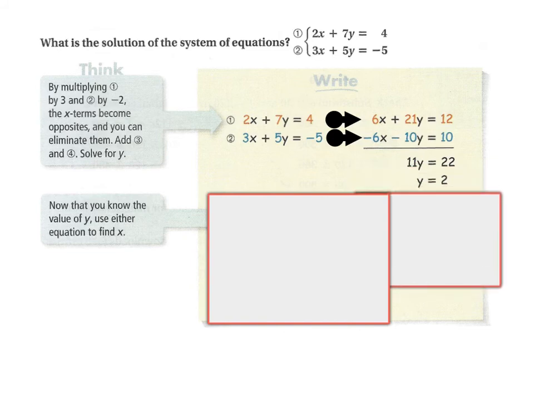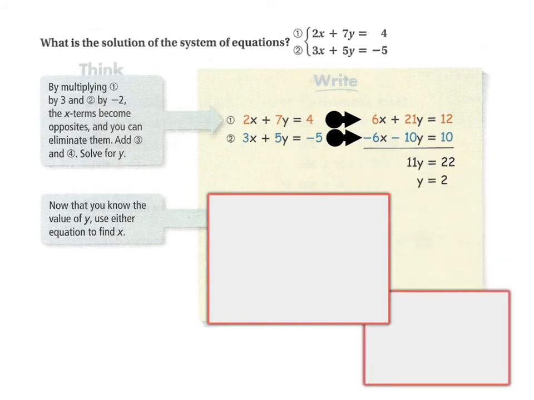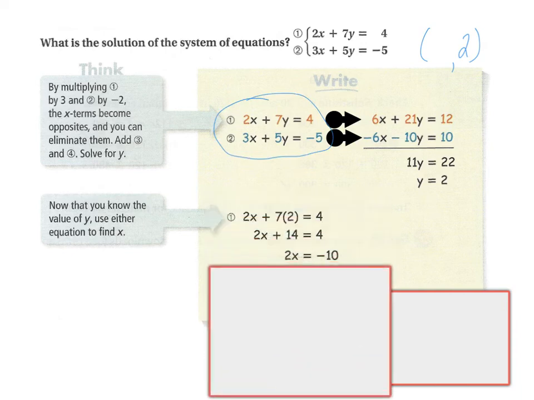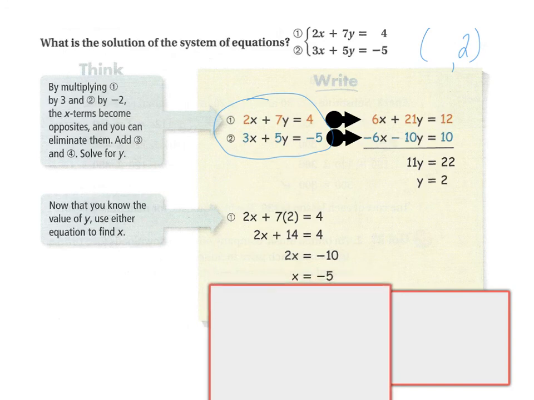I can solve for y, and remember, I should have gone to where I'm going to write my answer, put an ordered pair, and now I can put 2 right there. Go to one of the original equations. We'll go back to one of these two guys, pick one, put the 2 in, solve, and you got your other answer.